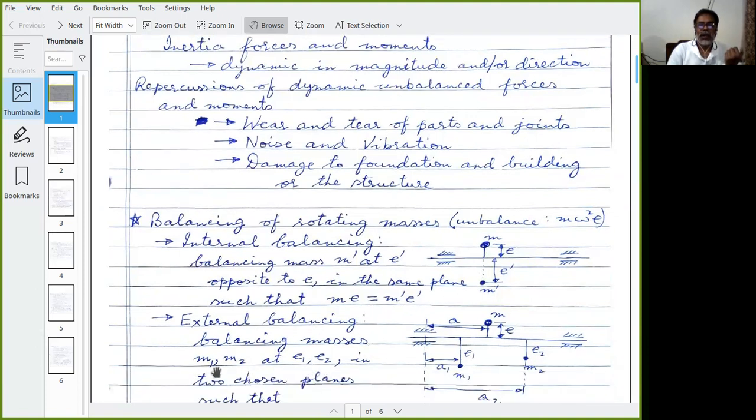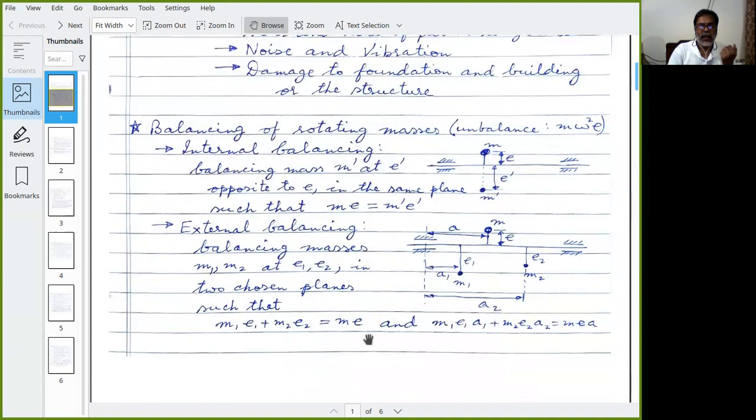You can put two balancing masses, one on this side and the other on that side, and both in the opposite direction. So, say you put M1 here, M2 here at eccentricities E1 and E2, and then we choose the magnitudes in such a manner that this is satisfied.